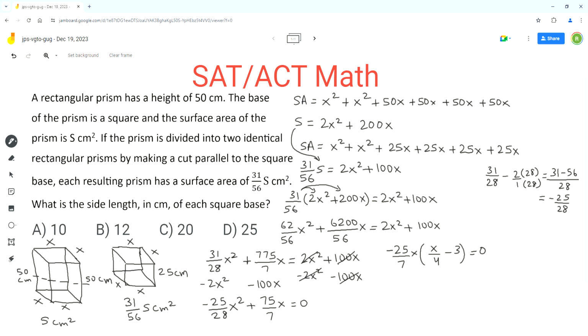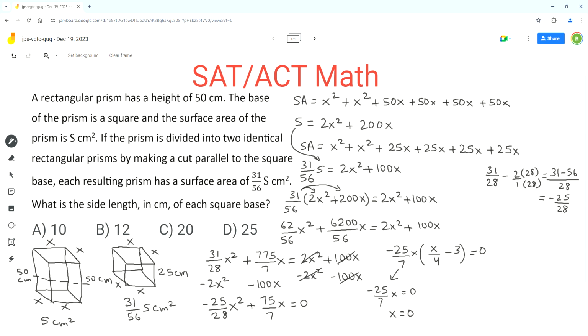So we get two cases. As per the first case, we divide both sides by negative 25 over 7 and we get x equals 0. So that's the first solution.